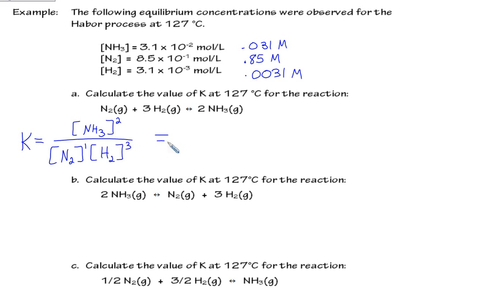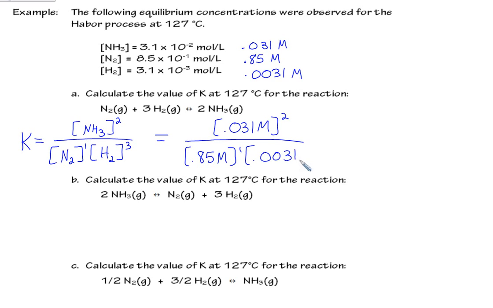Plug and chug, that's all there is to it. I love this stuff. Products, ammonia, 0.031 squared over reactants, 0.85 to the 1st and 0.0031 to the 3rd. So we plug this in our calculator.